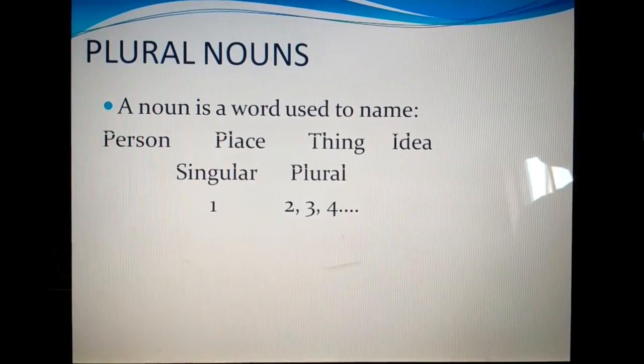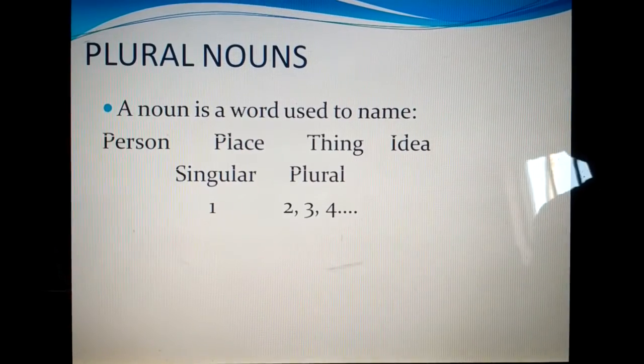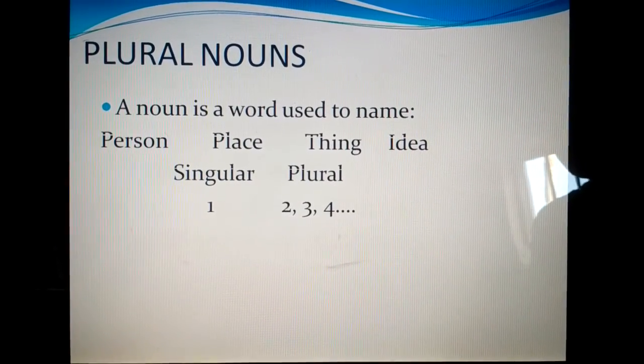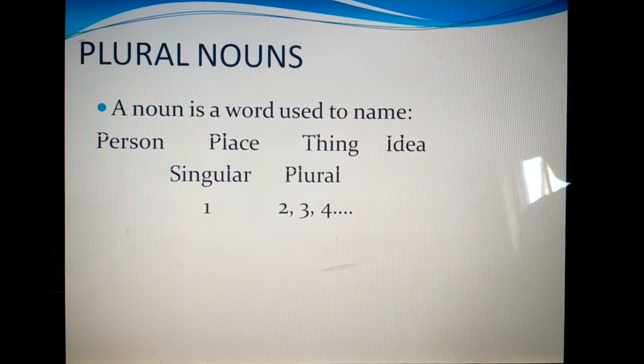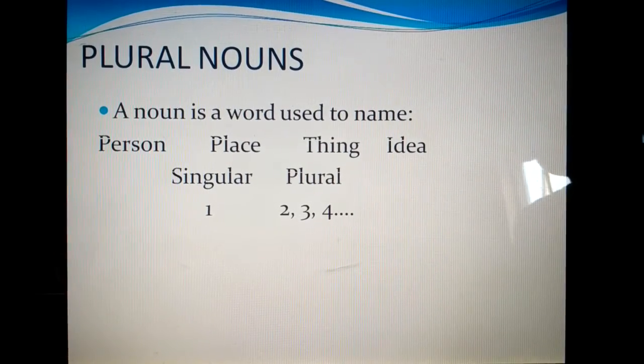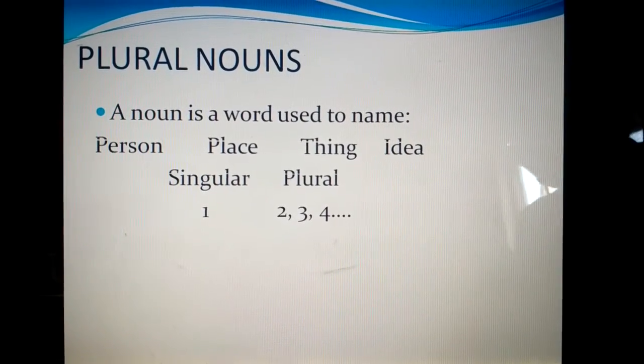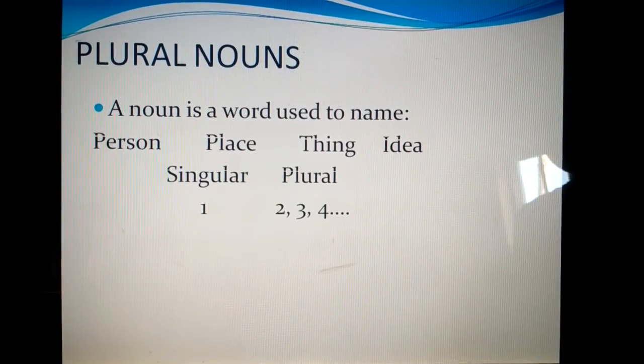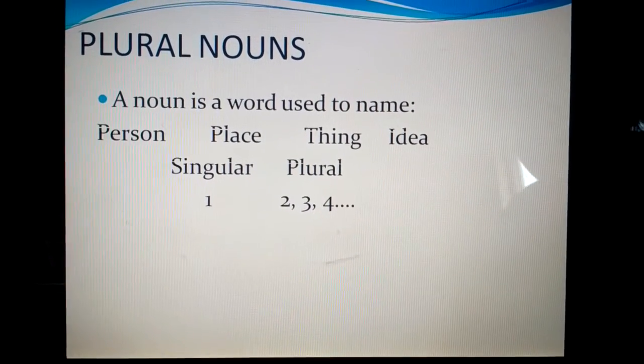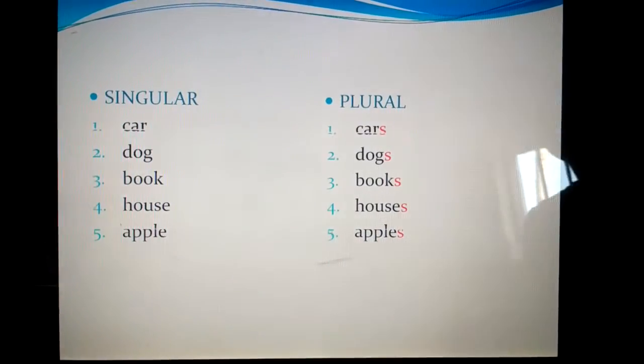First one, plural nouns. We already know that a noun is a word used to name a person, place, thing, idea, and when it denotes only one, that is singular, and when it denotes more than one, we have to say it is plural.